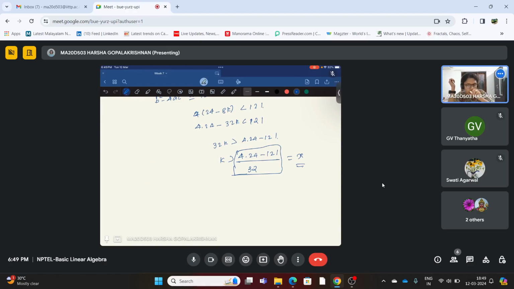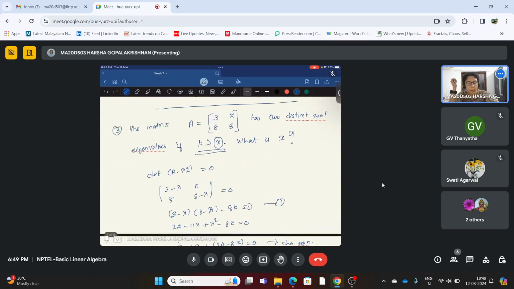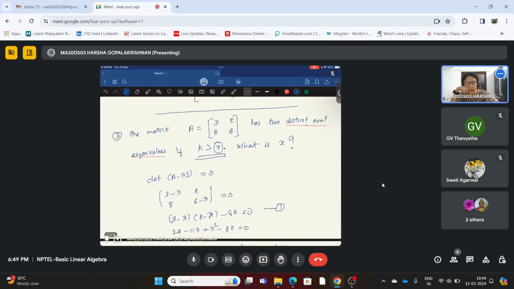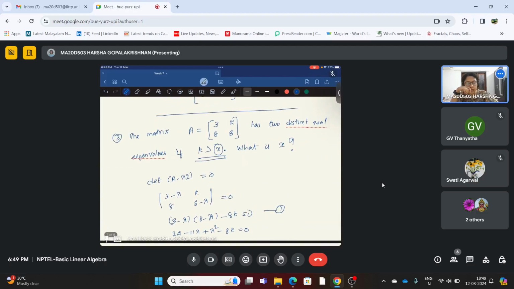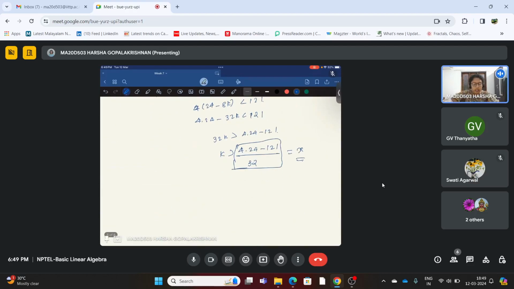Now when will it have equal eigenvalues? Is that okay for everyone? The last one, it will have the distinct eigenvalues. If b square minus 4ac is 0, then it will have only one.